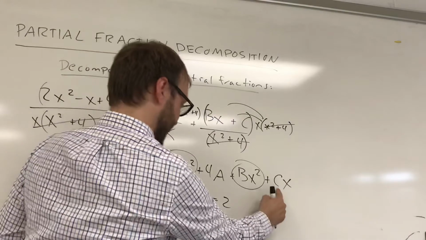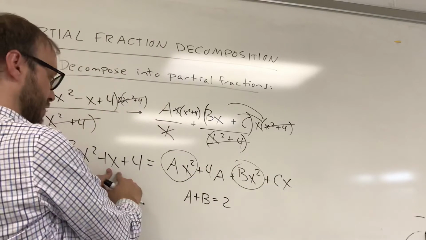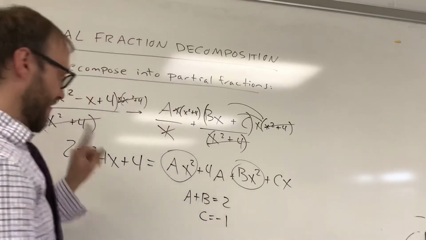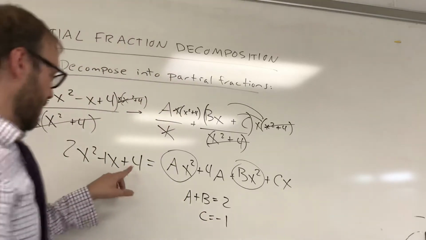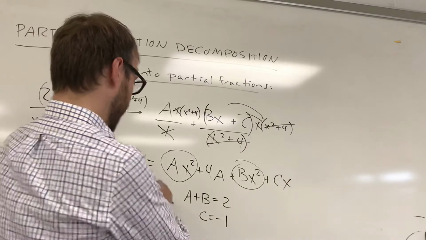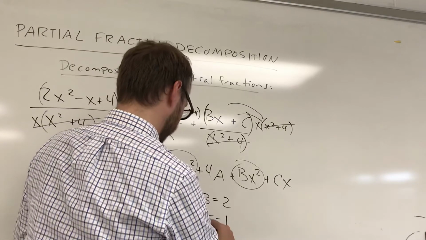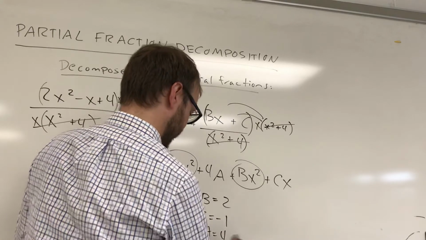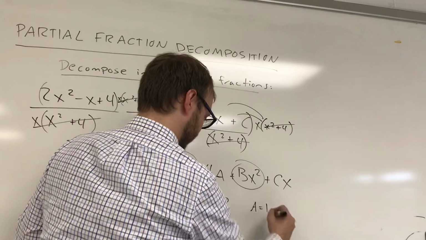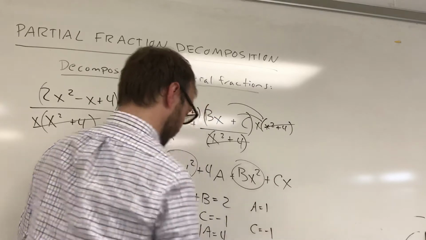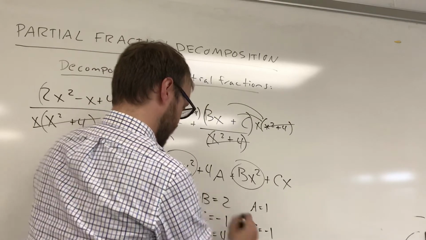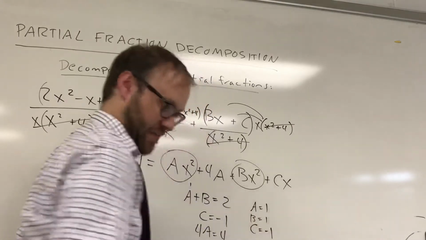So cx is supposed to be equal to negative 1x. So that tells us that c is equal to negative 1. That's nice. And constant terms, well, this one's going to be nice too. 4 needs to be equal to 4a. So that tells us that a is going to be equal to 1. So a is 1, c is negative 1, and a plus b needs to be 2. So that means b is going to have to equal positive 1.